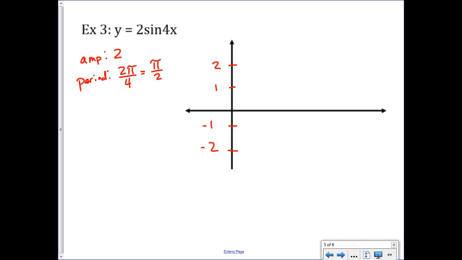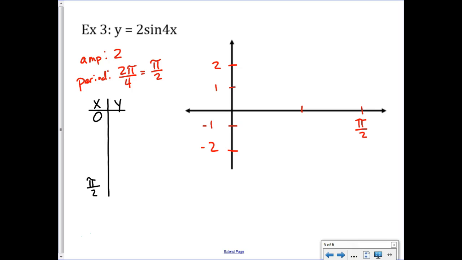Okay, so what the period tells you is the point where it has completed the cycle one time. So we're going to start at 0 and end at pi over 2. What I like to do on the graph is, if I'm starting at 0 and ending at pi over 2, I cut it in half.